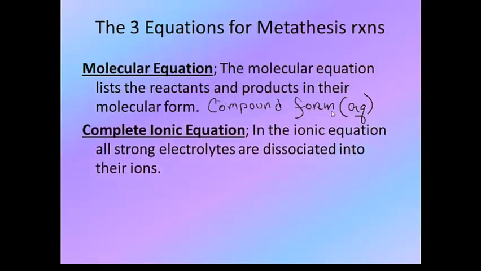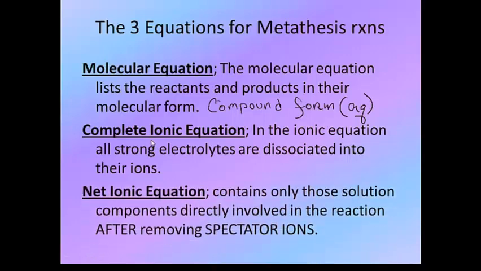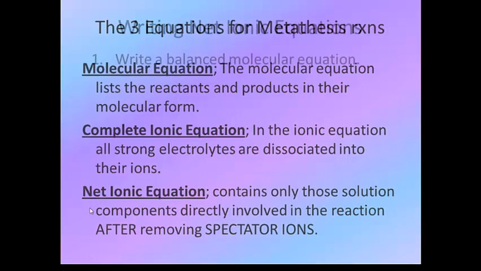A complete ionic equation will show all the strong electrolytes dissociated into their ions. And the net ionic equation will contain only those solution components directly involved in the reaction after removing the spectator ions. Only the ions that are involved in the reaction.